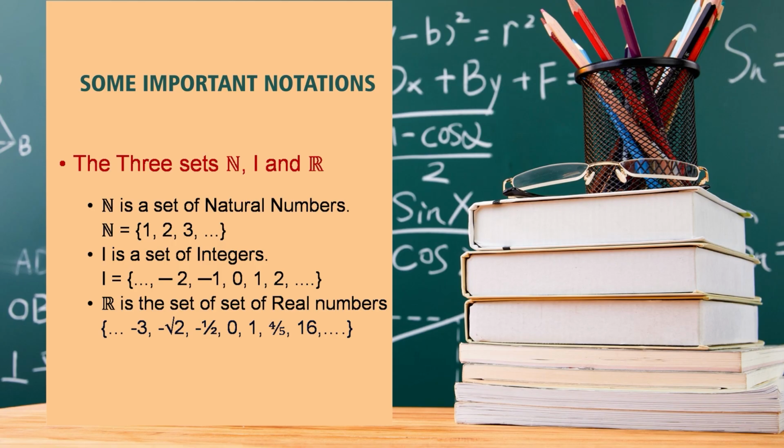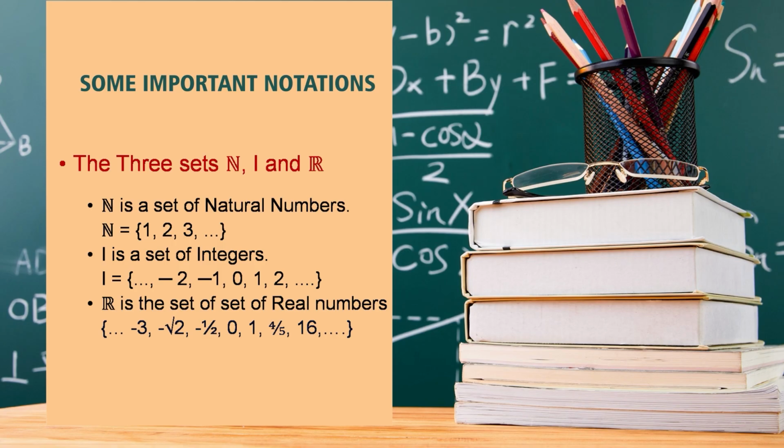Then comes the set of integers. The set of integers will contain negative integers as well as positive integers. All the values will be there. Then comes the set of real numbers, and in the set of real numbers you will get all sorts of real numbers, including fractional numbers, including square root of 2, that is irrational numbers, everything.